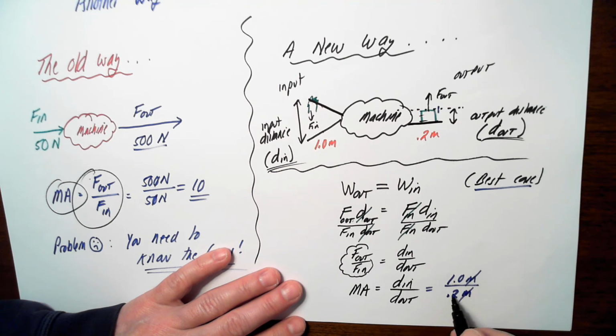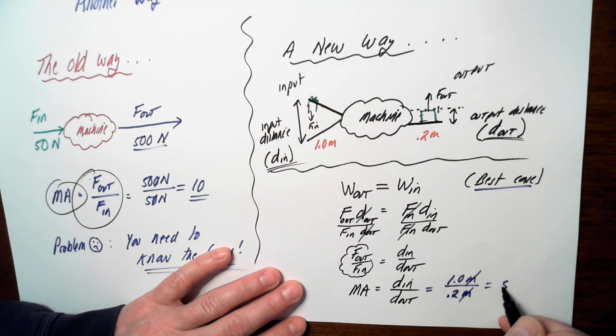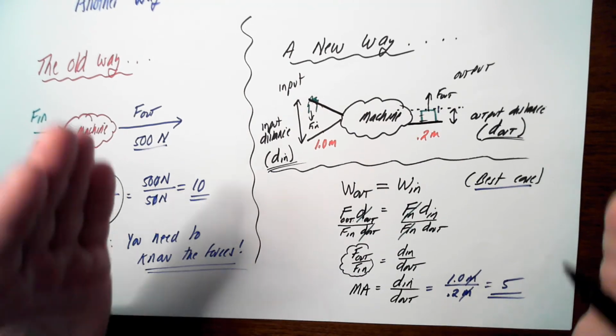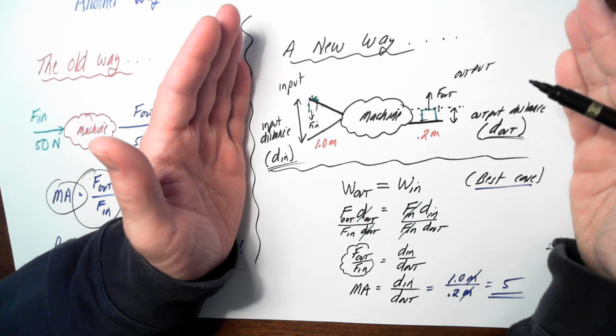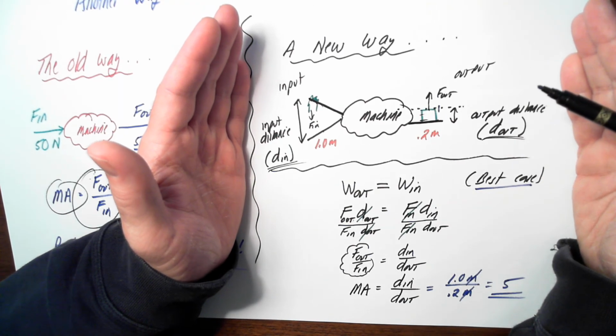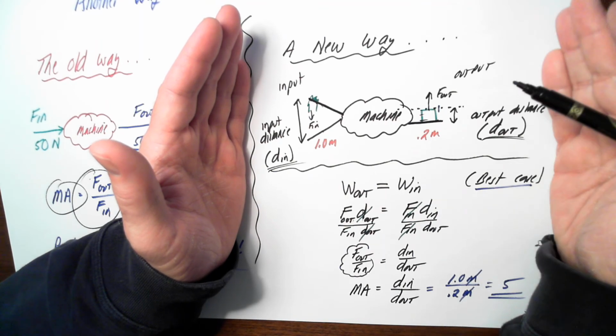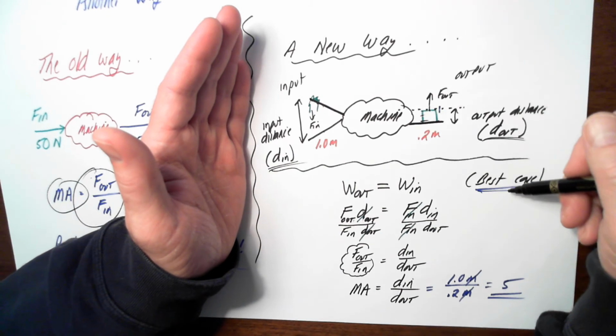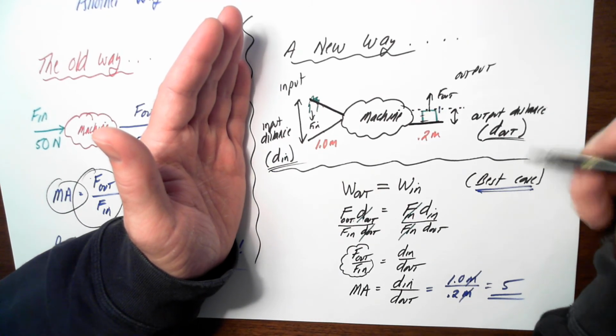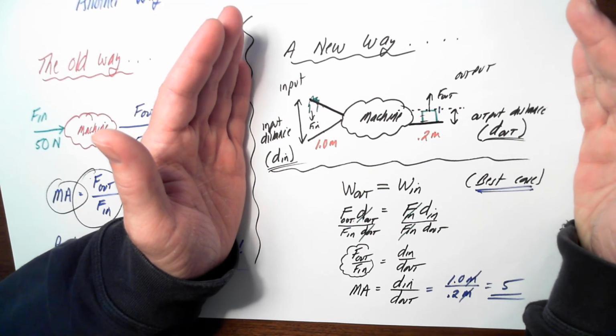What is 1 divided by 0.2? Well, it turns out to be 5. So without knowing any force, this is the most typical way to get mechanical advantage. Best case, maybe we'll talk about what happens if you start dealing with friction. We'll see. The best case is 5.